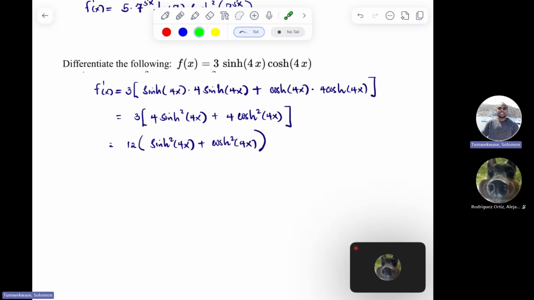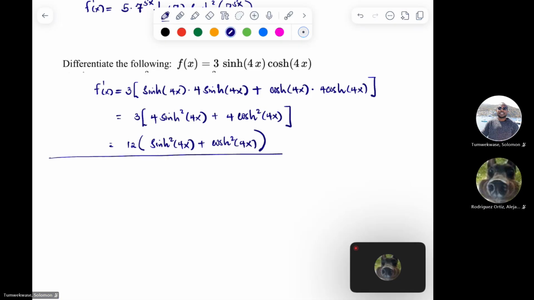But what I'm saying is that even when we do this by first writing our function in exponential form and then we take the derivative, you should be ending up with the same answer, but it might end up being more work, but for sure you end up with the same answer.